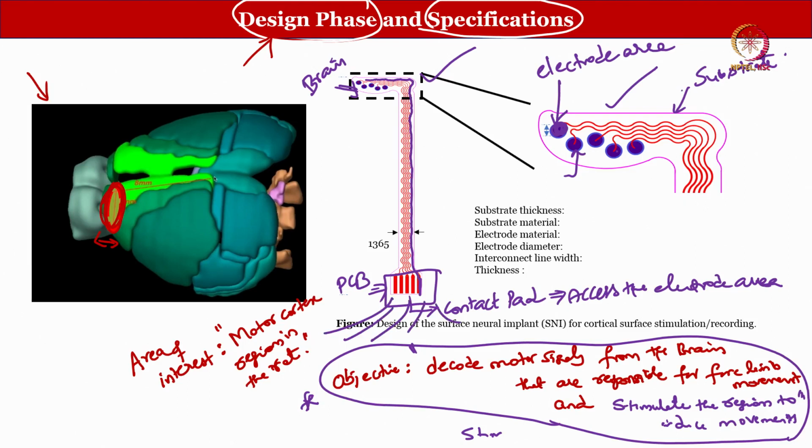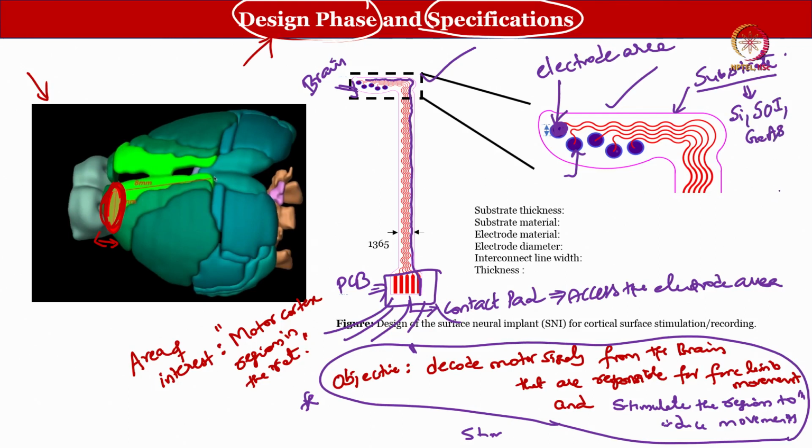So, there are a whole lot of other things to do. When I say design phase and specification, first of all the objective has to be fixed, then you need to go for specifications. So, what about the substrate? Which substrate can I take? You might have seen silicon on insulator, gallium arsenide, many substrates are there.